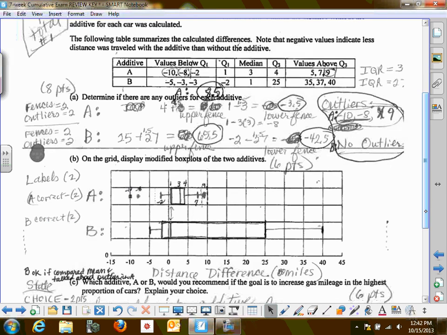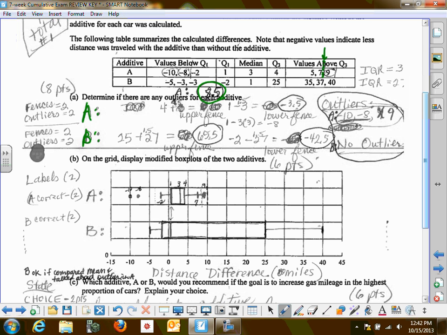I just took each additive separately. I did all the information for additive A, all the information for additive B, and I found their outliers with the 1.5 IQR outlier rule. For the upper outlier, on A, it had an upper outlier fence at 8.5. So look at this data here. Here's the 8.5 mark.